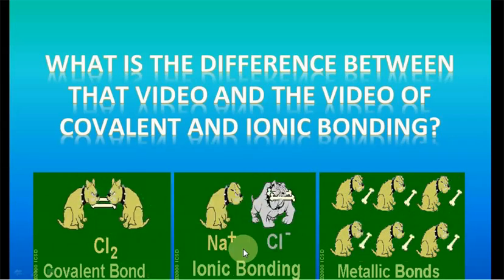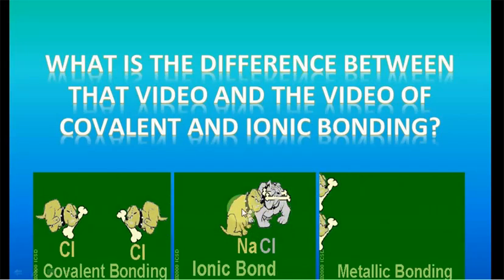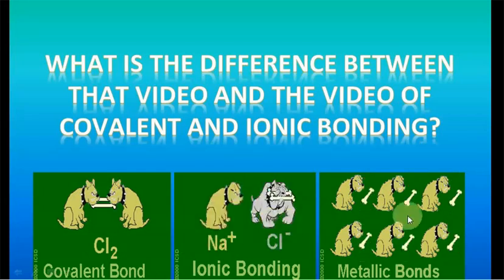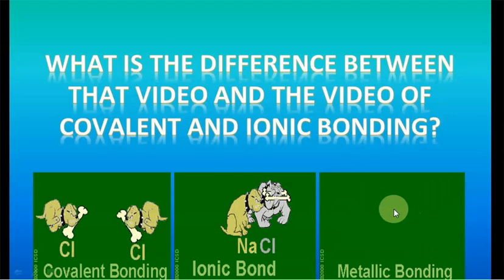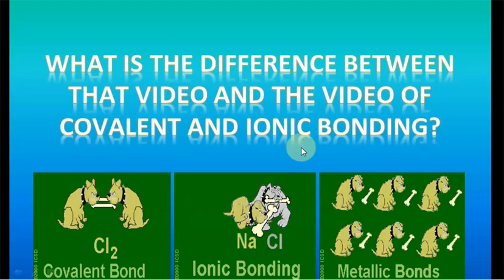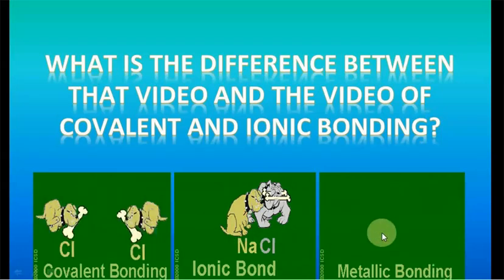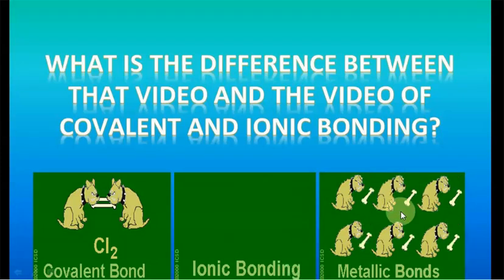Ionic bond, one gains and the other loses. And metallic bond, one type of atoms, not two types like here. This is my observation: metallic bond is formed by one type of atoms.